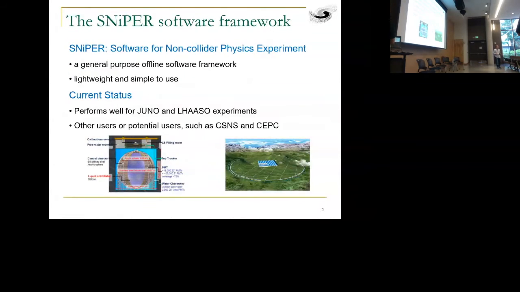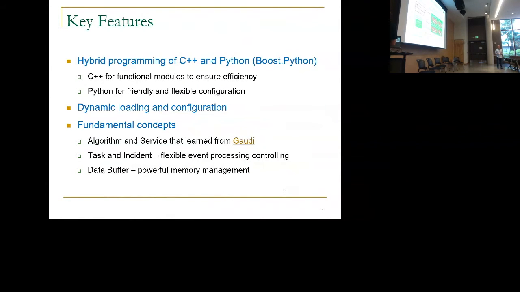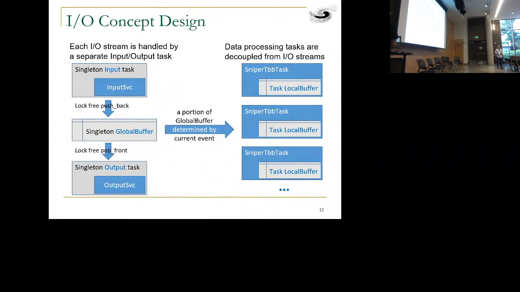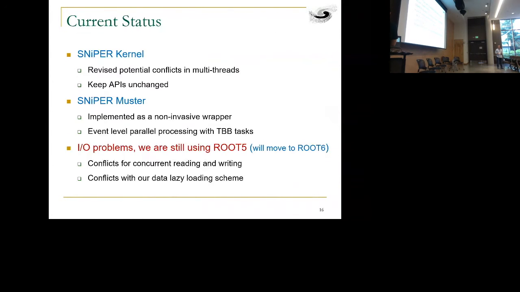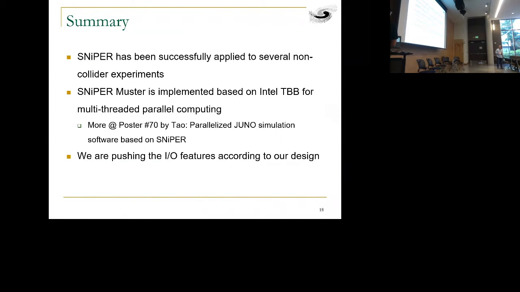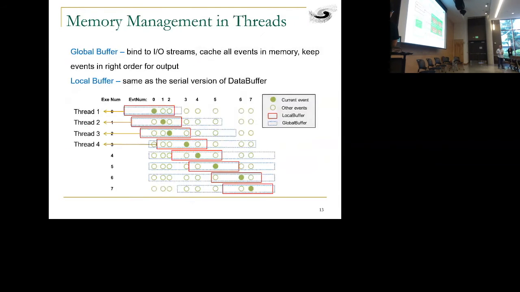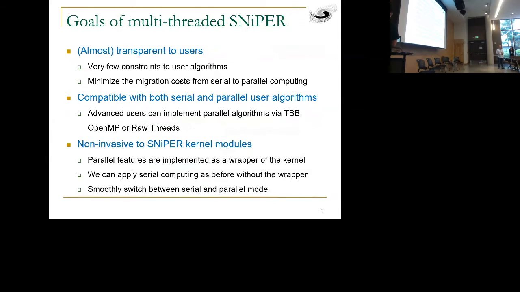In slide 9, you say that advanced users can write their own kernel using TBB, OpenMP, raw threads. You write something like this, right? If you go to slide 9. Yeah.